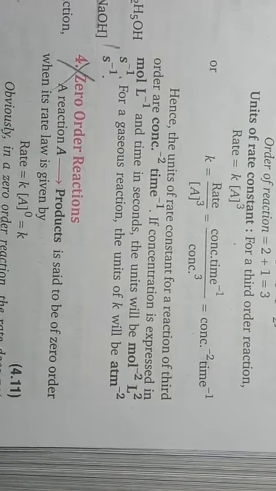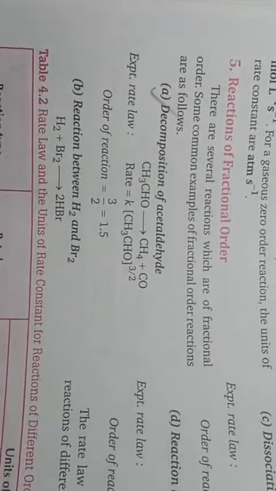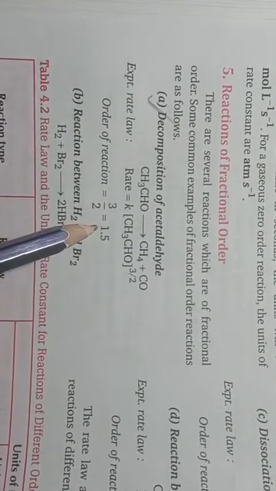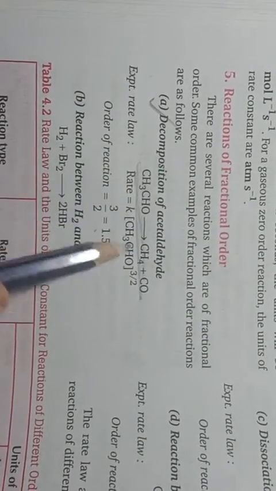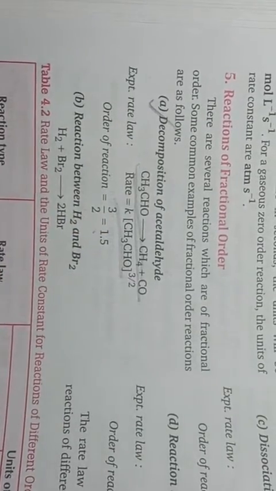Okay, students, zero order reaction is not in the syllabus. The next heading we are moving to is reactions of fractional order. Such reactions have fractional order, for example this reaction, the rate law is this, so the order of reaction will be 3 by 2.